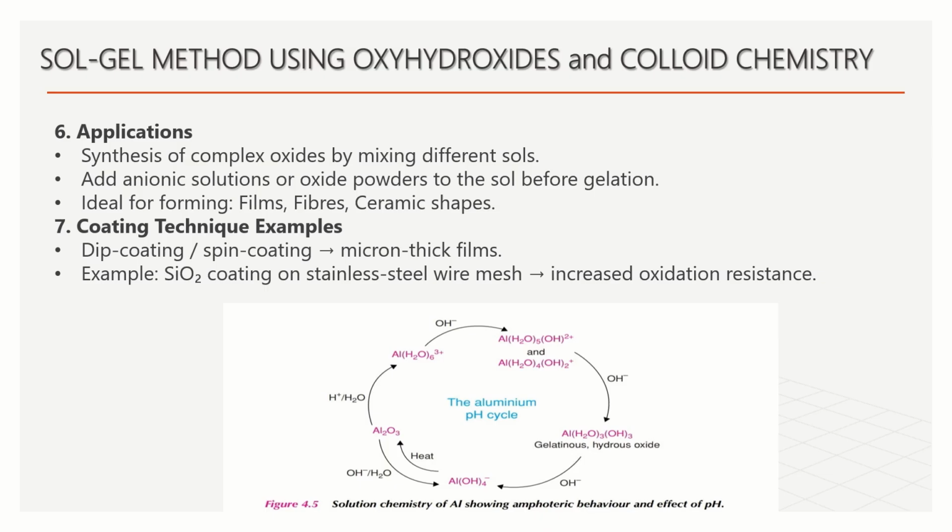Some of these polymeric species are hard to identify directly, but in silicates and phosphates they can be separated and studied using chromatography. So the oxides like Al2O3, SiO2, Fe2O3, zirconium oxide and Y2O3 are ideal for pH controlled sol gel chemistry because their solubility and structure change with pH.